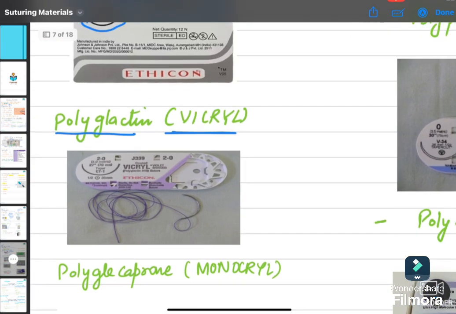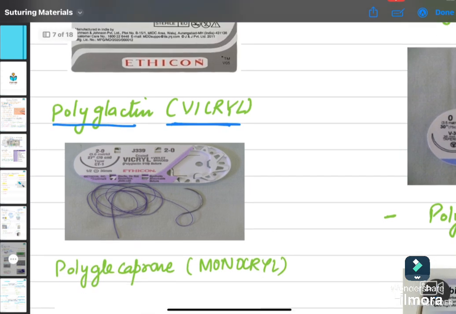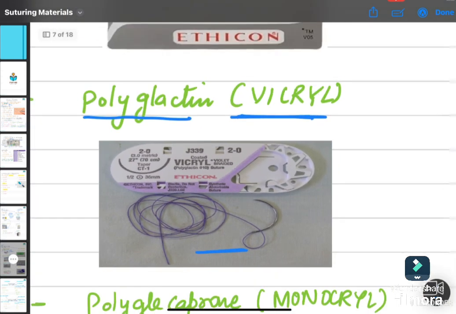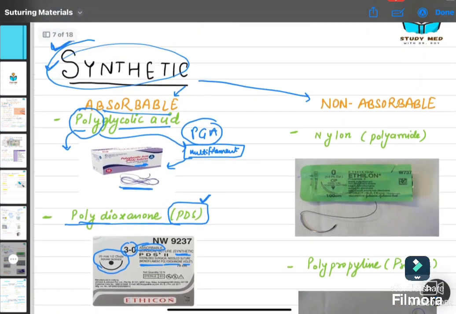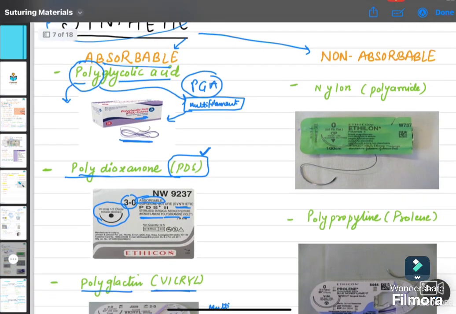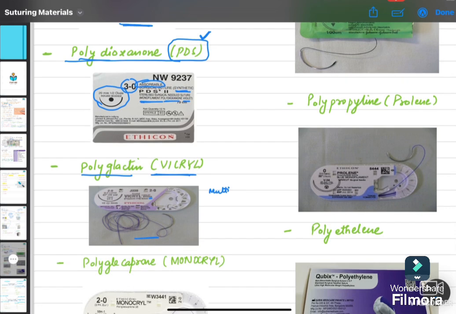Very commonly used sutures. Polyglactin and Vicryl. You can see in the diagram. The suture material, you can see this is again a braided one. This means it is multifilament. So among synthetic ones, polyglycolic was multifilament, polyglactin was multifilament, PDS is monofilament.